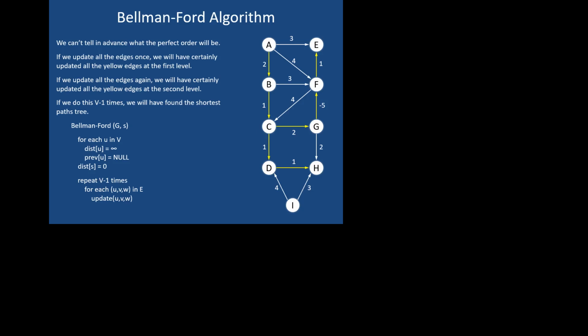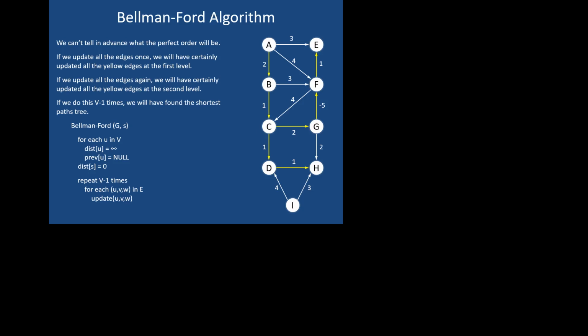So, I said it was brute force. That doesn't look very efficient. Can you think of a way to make it more efficient? Think about the times you get lucky with the first update or the second update. Yeah? You could break out of the loop once you notice that an entire pass hasn't made any changes. That's it. So you make the first pass, and if you were lucky, you updated every edge in the perfect order. And what that means is you have found the shortest path tree.